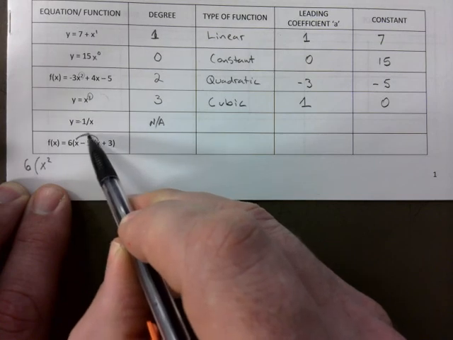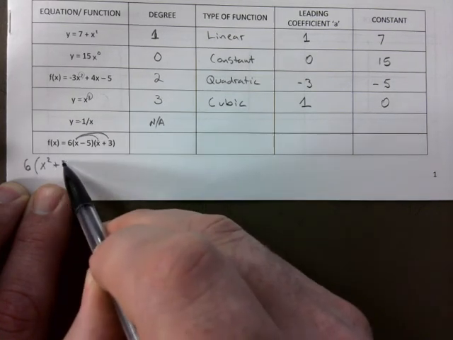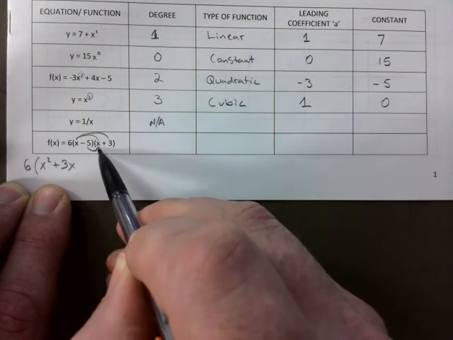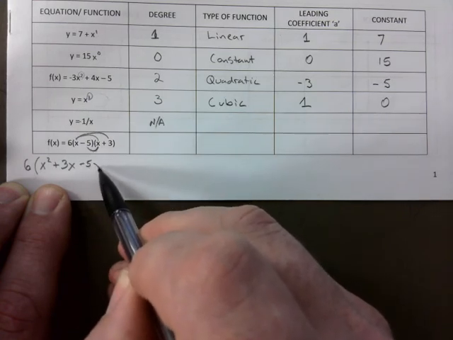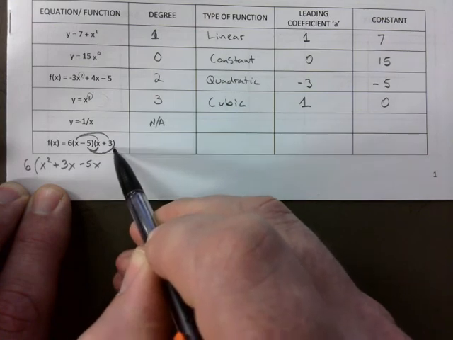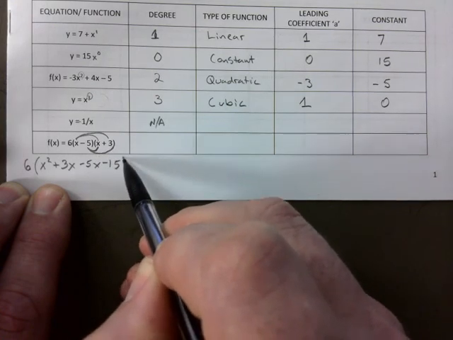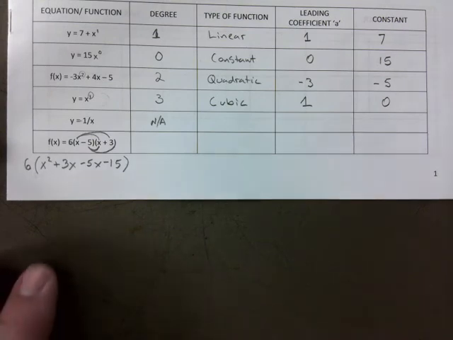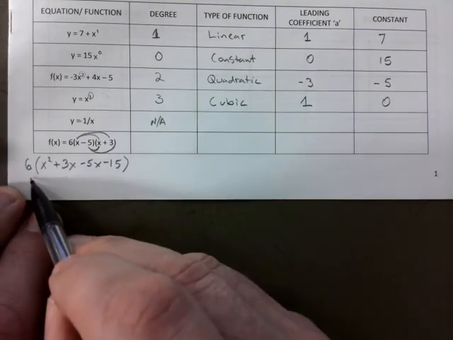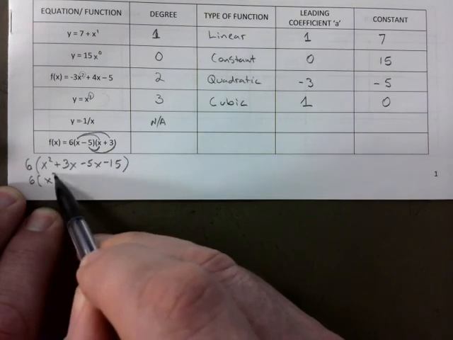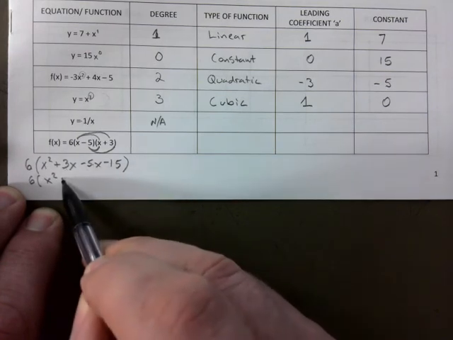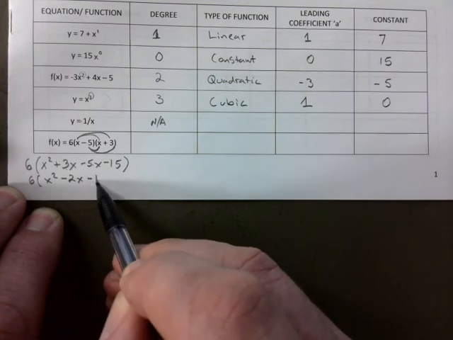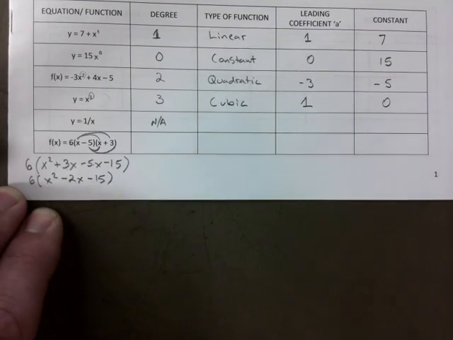And then x times 3 is 3x, right? And you move over to negative 5. Negative 5 times x is negative 5x. Negative 5 times 3 is negative 15. Let's clean it up inside there. x squared, 3x minus 5x, you have minus 2x minus 15 there.